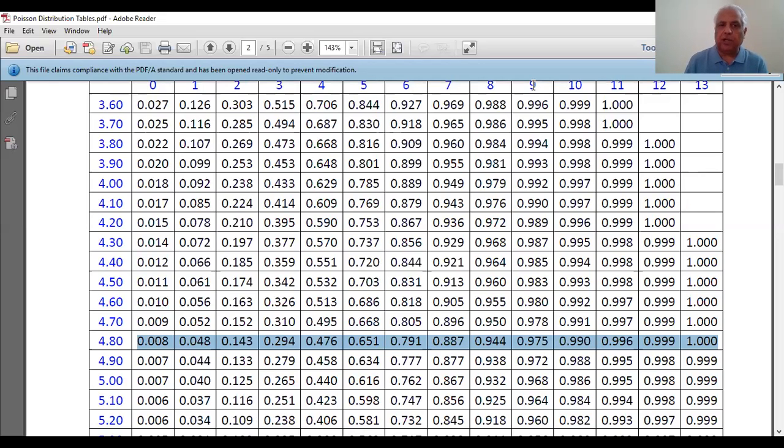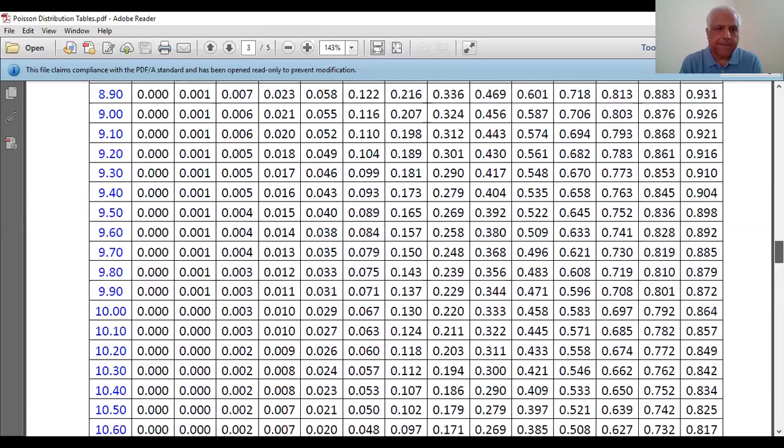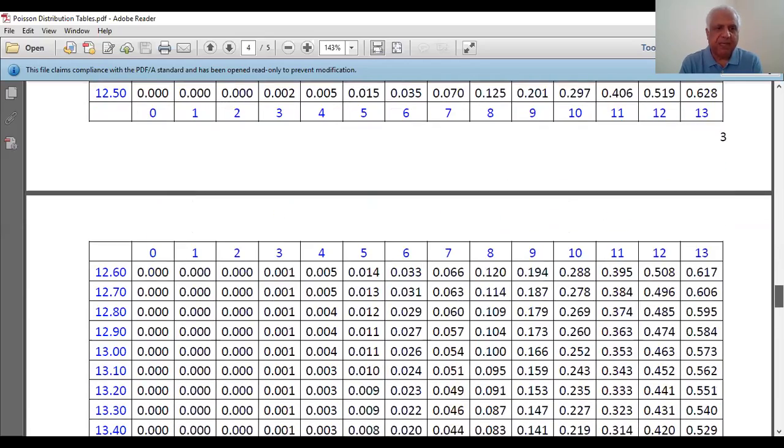So we'll stay in this column and enter the Poisson tables at 12.8 now. And in column 9, what do we find? 17.9 or 0.179.